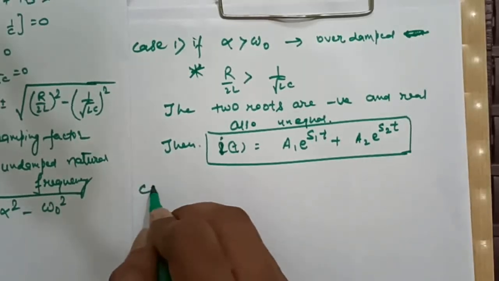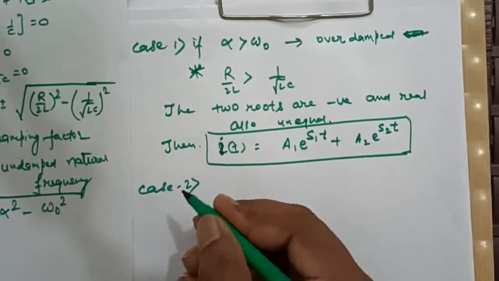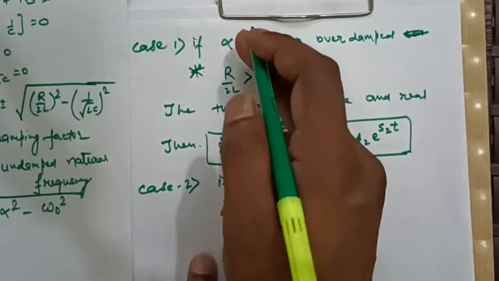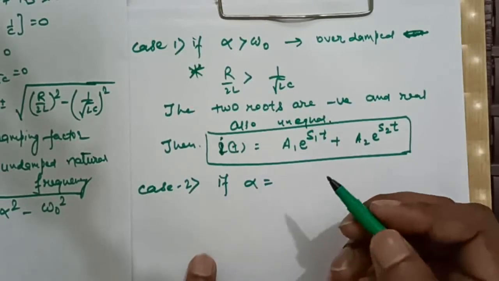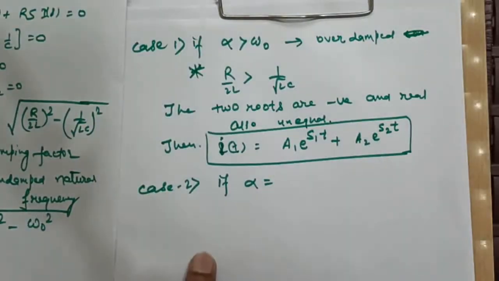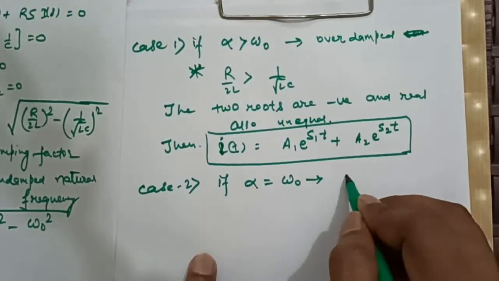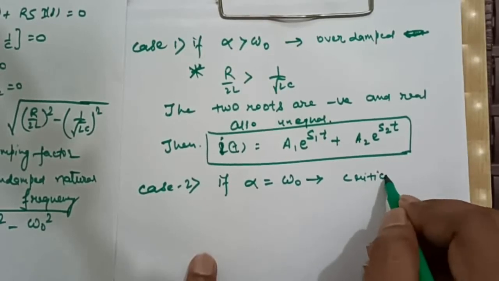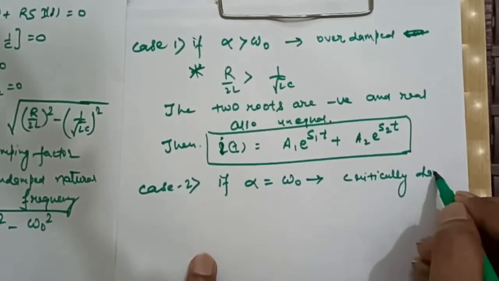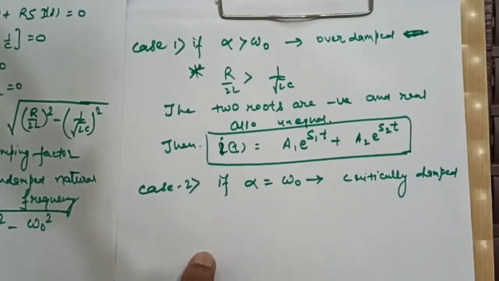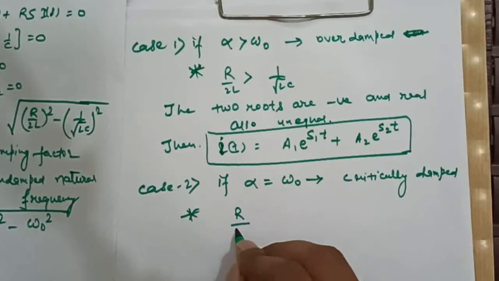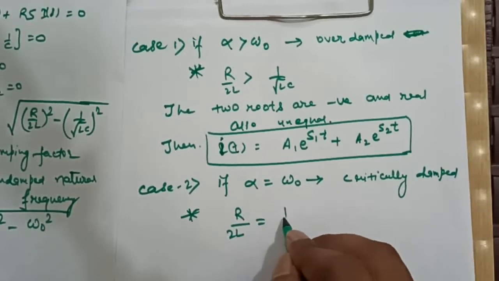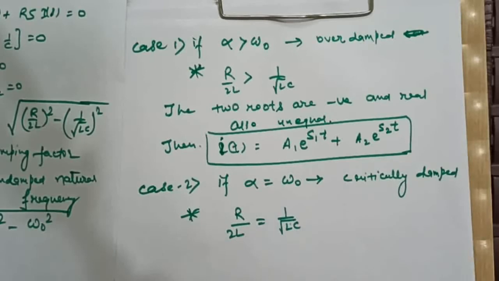Now considering case 2, what is that? If these two terms which we are calling alpha and omega naught are equal, this case is called critically damped, right? Star mark here. For that we will have R by 2L is equal to 1 by root of LC.